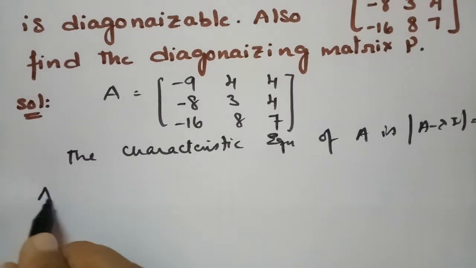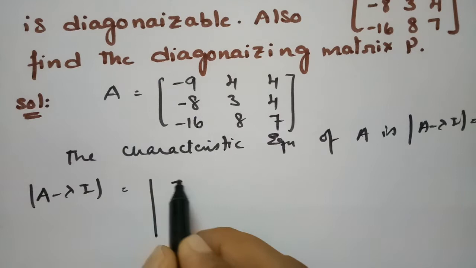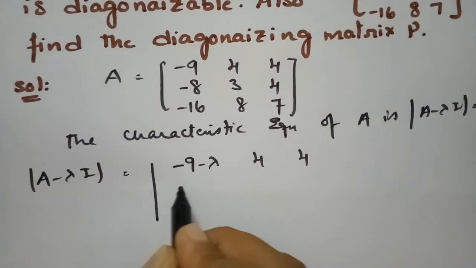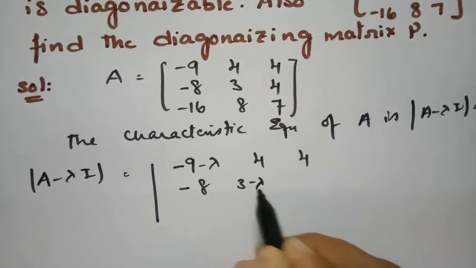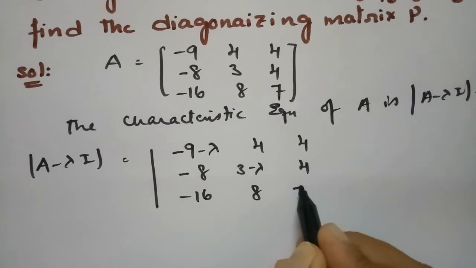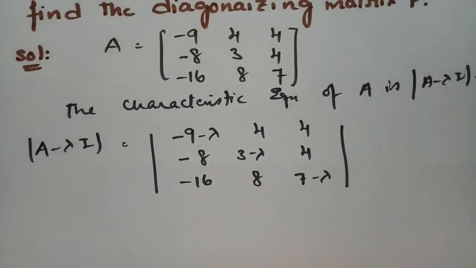So A minus lambda I modulus value is nothing but the determinant of -9 minus lambda, 4, 4, -8, 3 minus lambda, 4, -16, 8, and 7 minus lambda. First of all, we have to find the determinant for that.